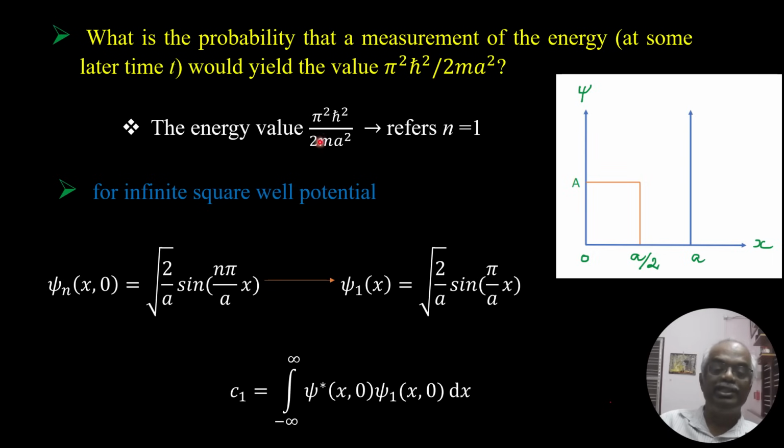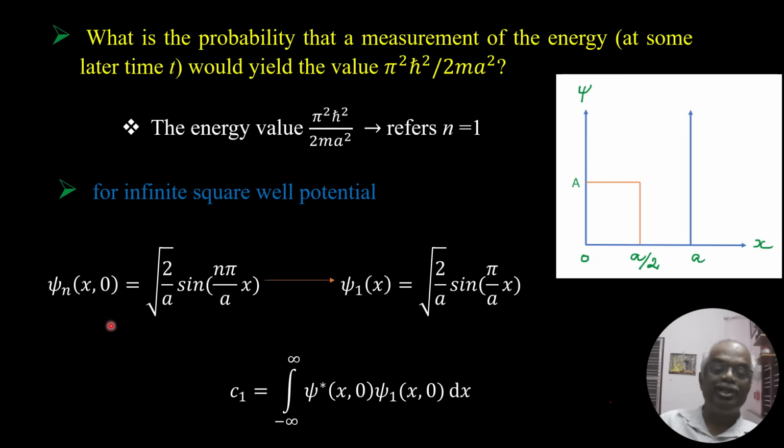This energy value corresponds to n equal to 1, because actually the energy is n squared pi squared h cross squared over 2ma squared for the infinite square well potential, where the nth state wave function is square root of 2 over a sine of n pi over a x. When n is equal to 1, you will get square root of 2 over a sine of pi over a x. So this is the wave function.